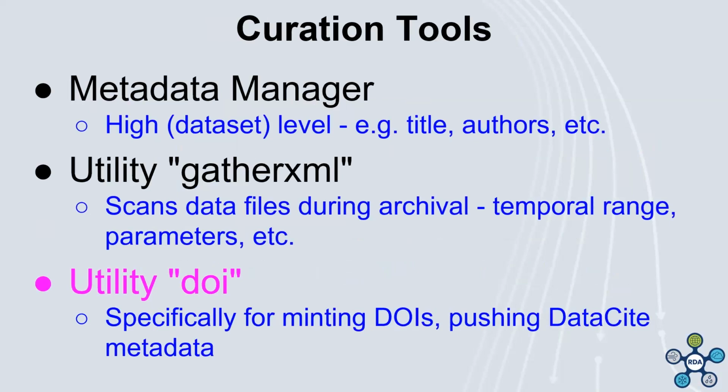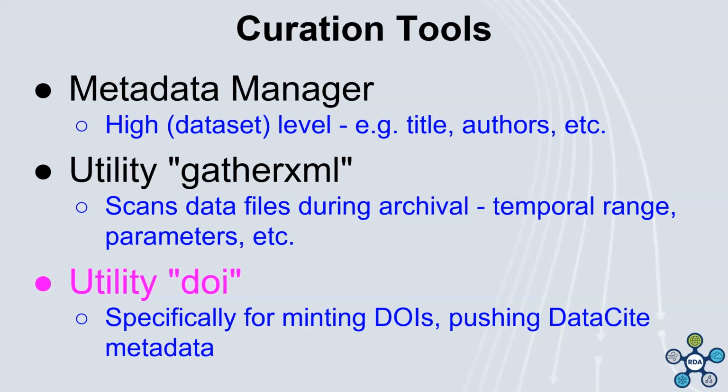So we have a few tools that we use to curate metadata. A GUI application we call the Metadata Manager. This is what dataset specialists will use to enter the high-level metadata, particularly at the time the dataset is created. Then we have another utility, a Unix-like utility that runs at the time that data files are put into the archive, and it scans the files for what's inside the files themselves.